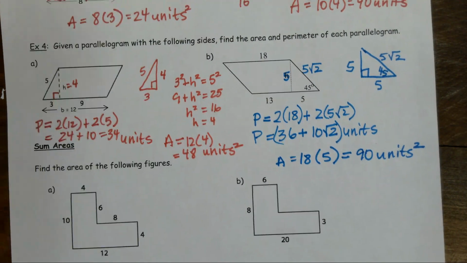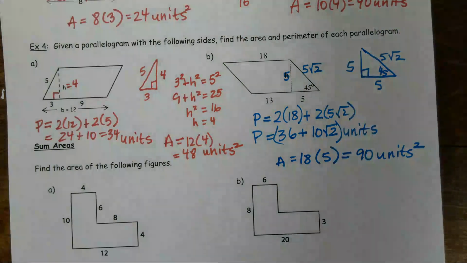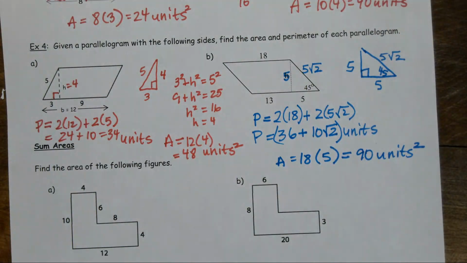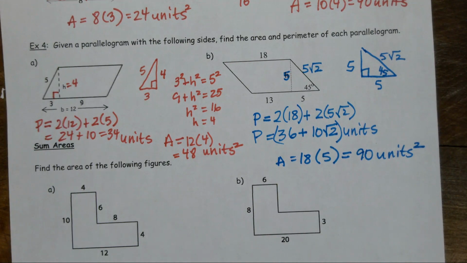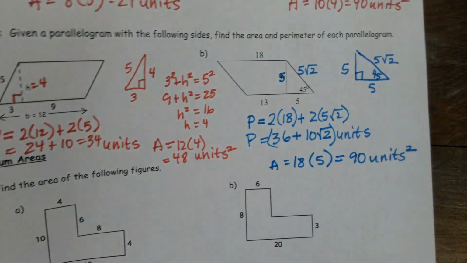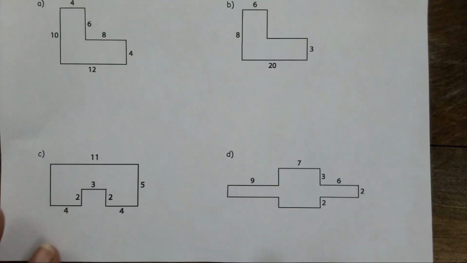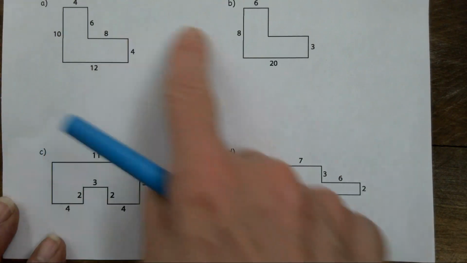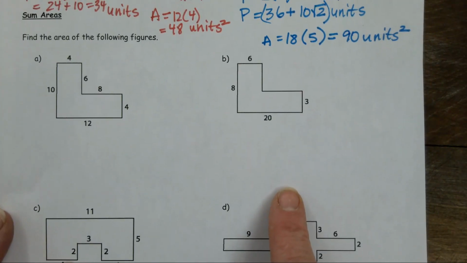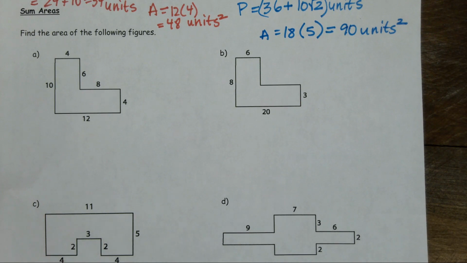Okay, we're going to finish up with some odd shapes using the formulas that we have. When we work with these odd shapes, what we want to do is break it into pieces that are shapes that we know how to find the area of.